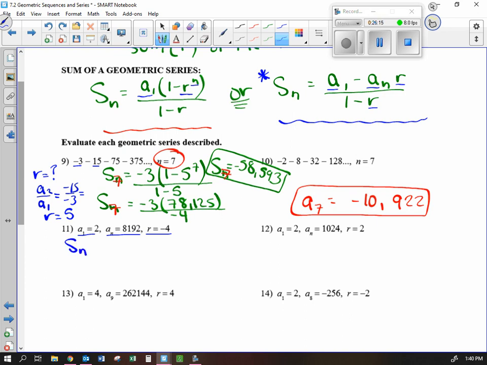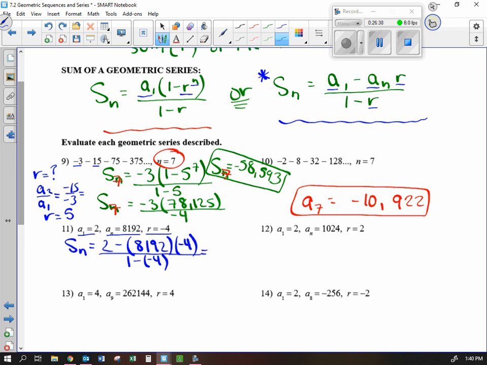So S sub n is going to equal a sub 1, which is 2, minus our a sub n, 8,192, times our r value, which is negative 4, all over 1 minus our r value, which is negative 4.